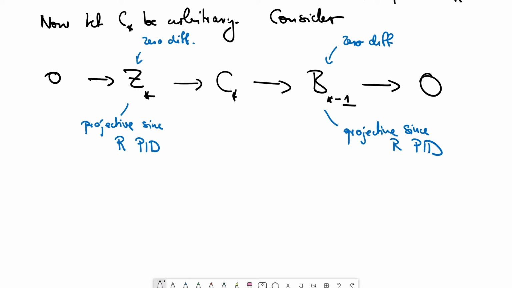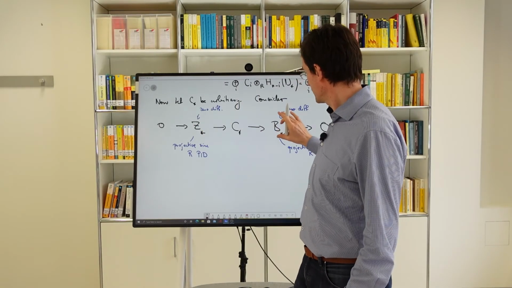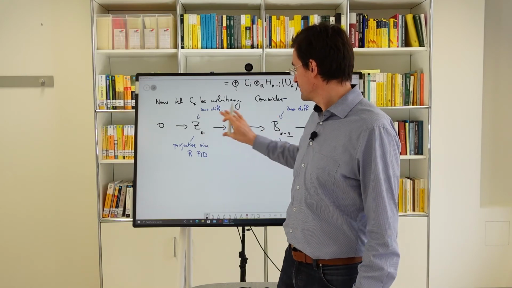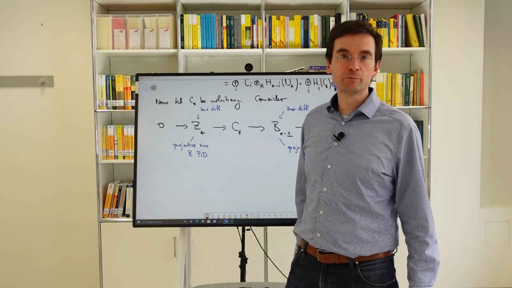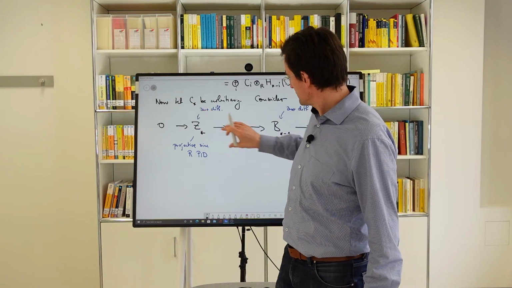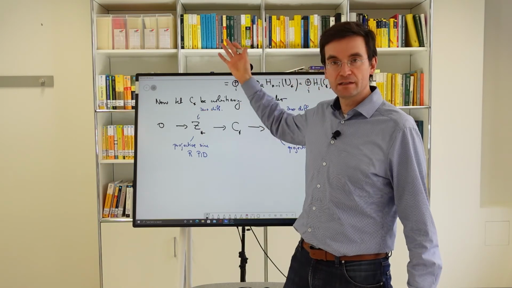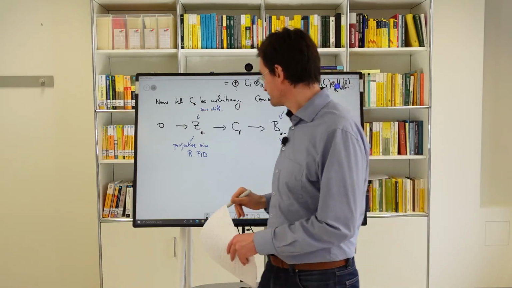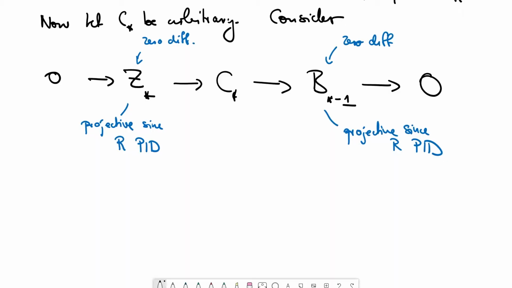Now we have this arbitrary chain complex, and we have now a description of this arbitrary chain complex by a short exact sequence with two chain complexes which satisfy what we assumed before. So for that chain complex and for that chain complex we already have proven the statement, and this should help us now in proving the statement for C star. So what we do first is we tensor this short exact sequence of chain complexes with D star.